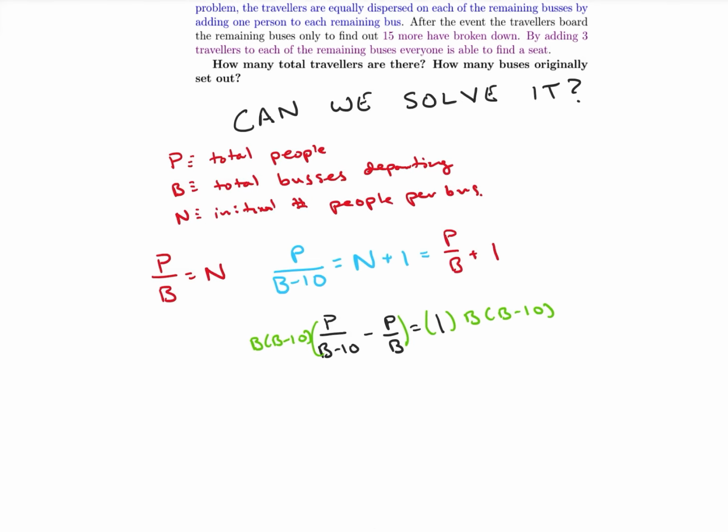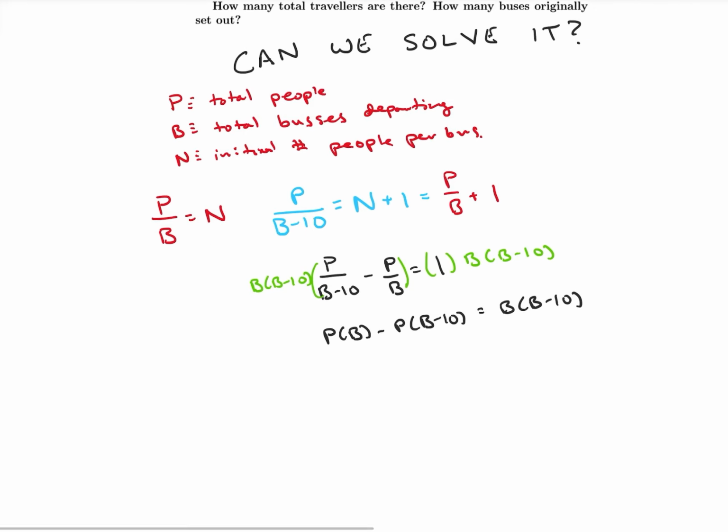That's going to leave us with P times B minus P times B minus 10 is equal to B times B minus 10. Let's go ahead and distribute.